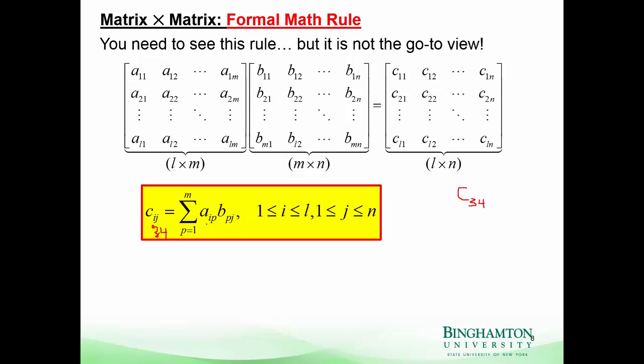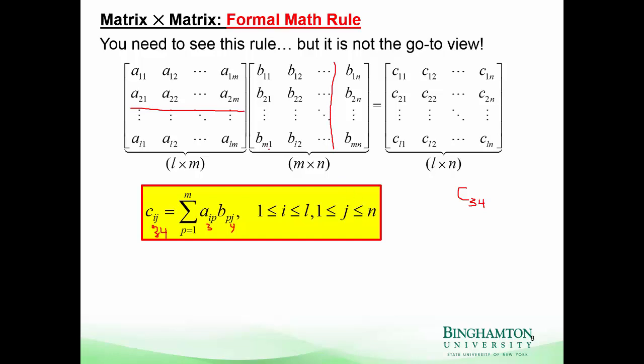So this is going to be A3P and BP4. And so what does that do? Let's think about this in the context of our trick. So we would be drawing a line through the third row down, and we would be drawing a line from the fourth column over.